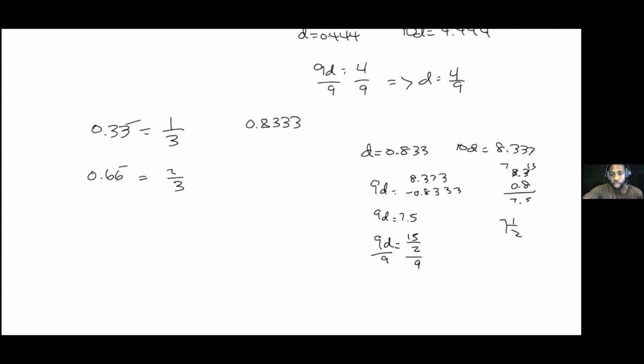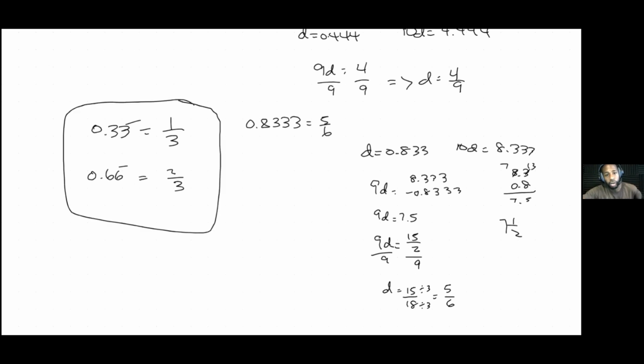So D should be equal to 15/18, which both of these can be divided by 3. So that's going to be 5/6. So you may or may not need to remember that one, but I know I see that show up from time to time. So these are very common ones I've seen.